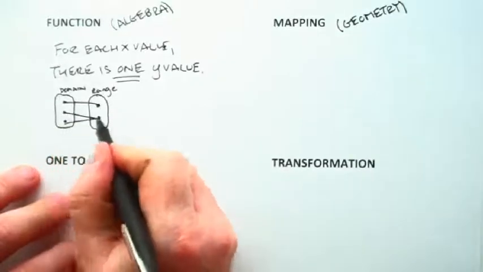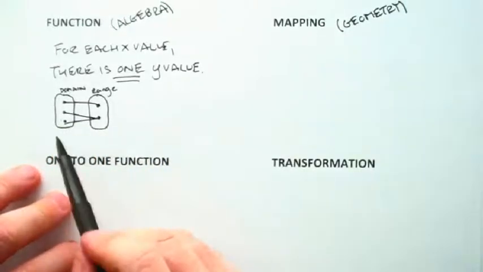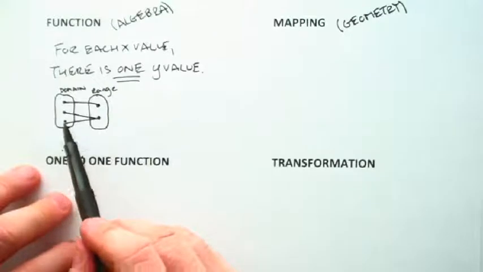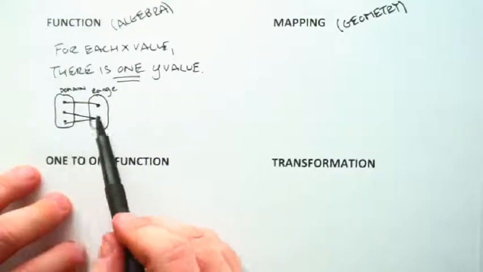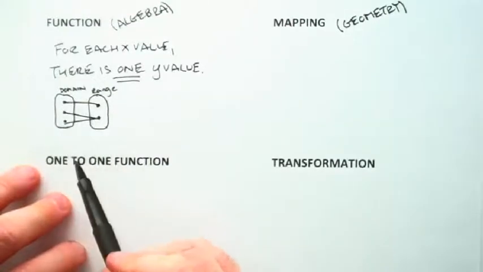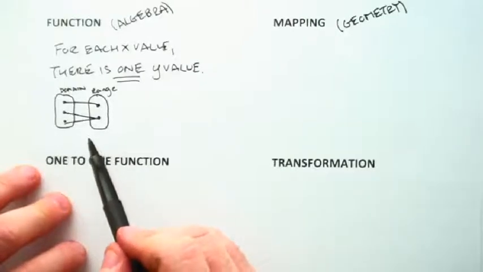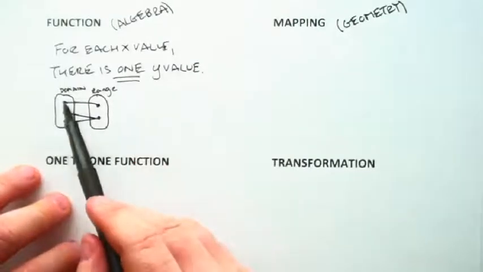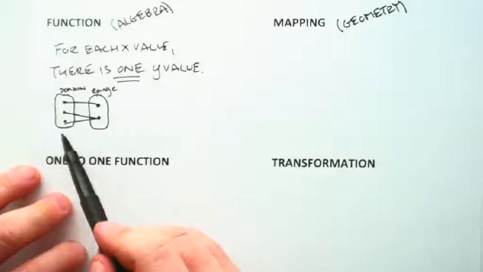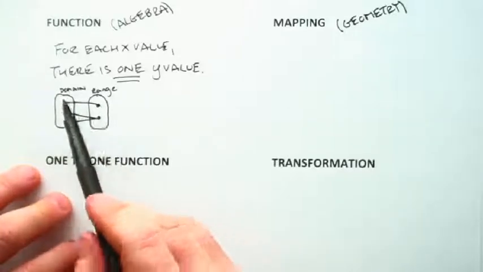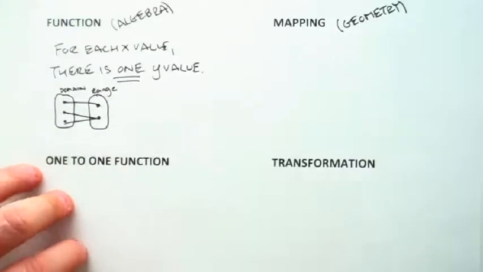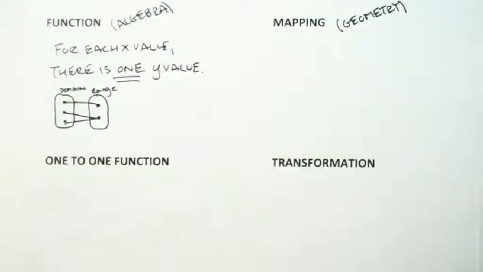Here we have three items in the domain. This one goes to this one, this one goes to this one, this one goes to this one. And even though the output is usually one, students say, no, this isn't a function. It is, because for each x item, there's one y item. Well, let's look at a couple of those diagrams, because they're often helpful.